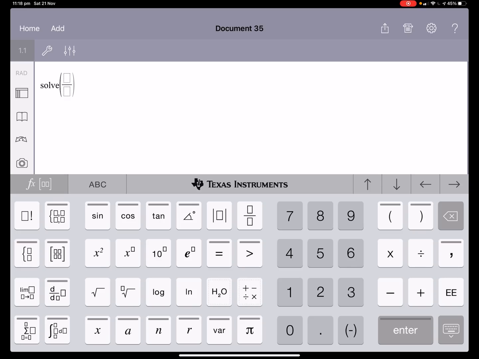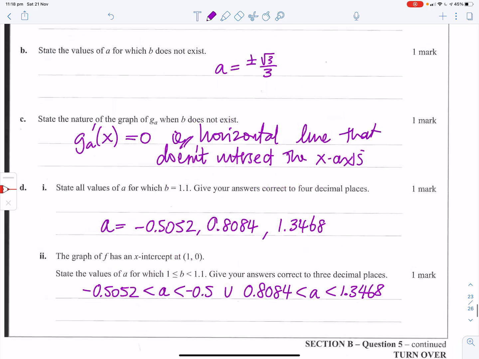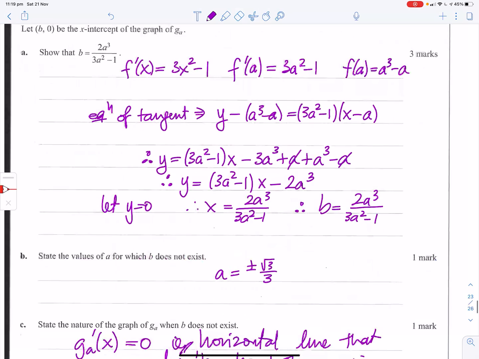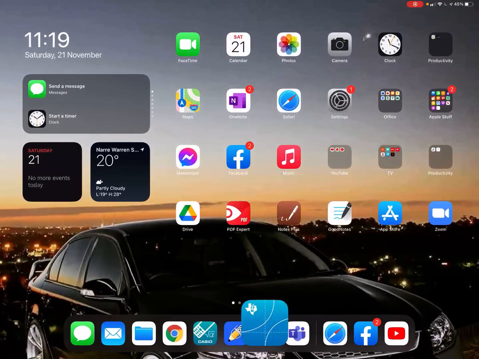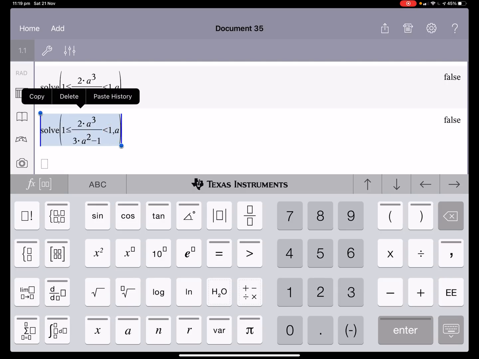And what was it? 1 is less than or equal to 2a cubed on 3a squared minus 1, which is less than 1.1, comma, a.